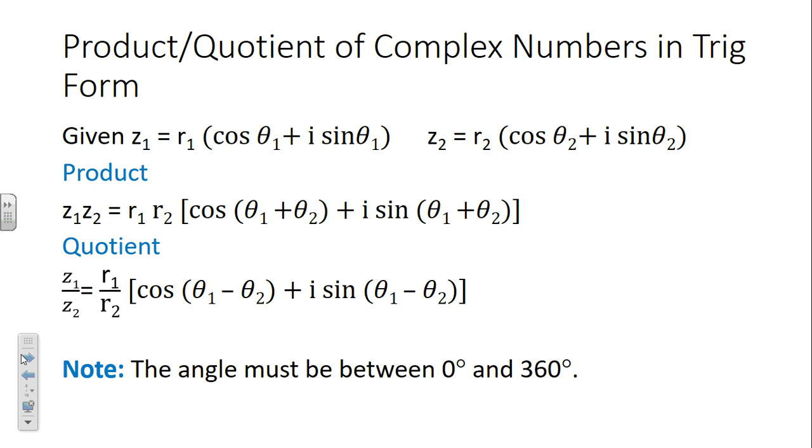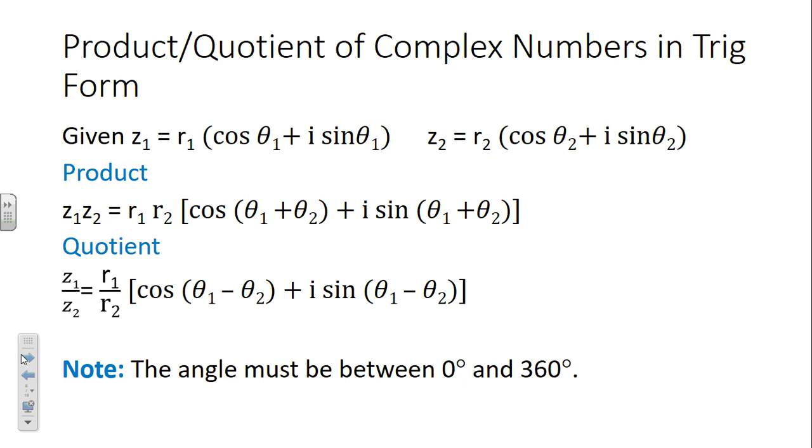So if I have two complex numbers and I'm asked to multiply them, I multiply the r's, the absolute values of them, and I add the thetas. So what do you do if your angle is over 360? Let's say it's 400.